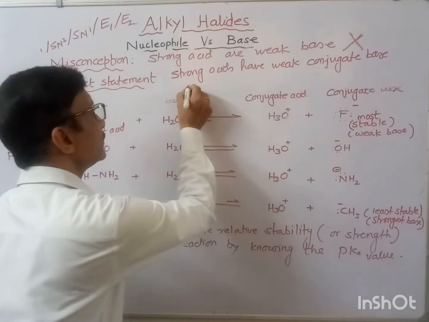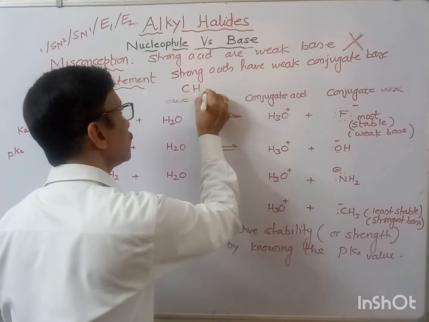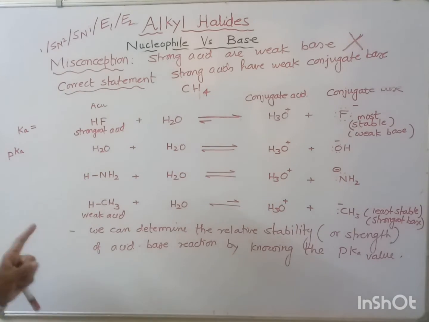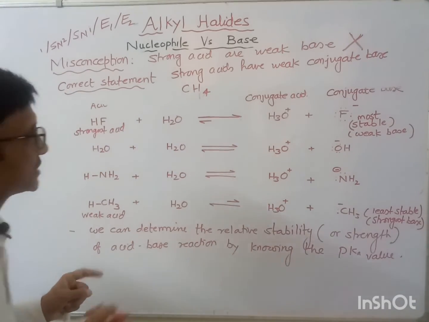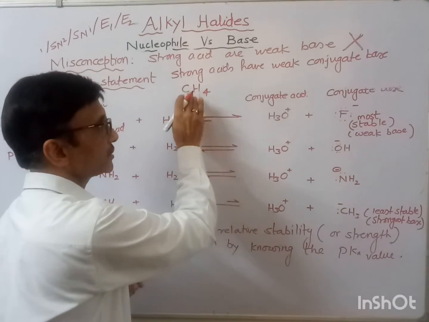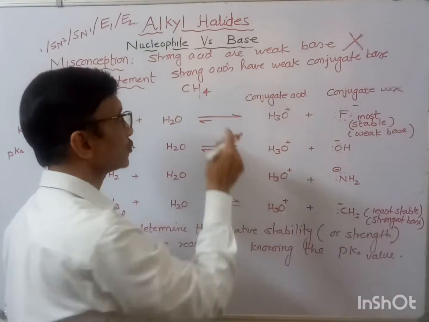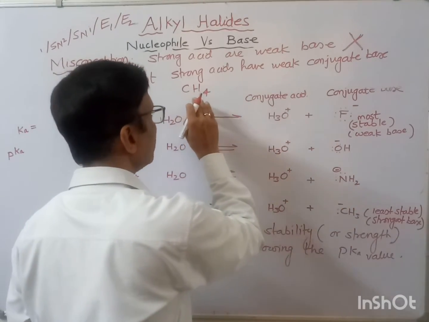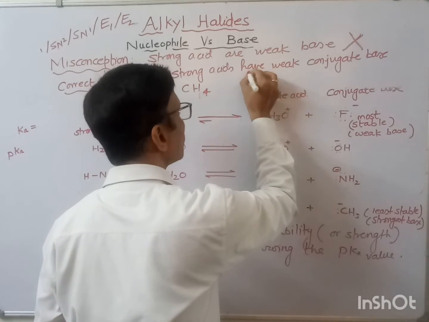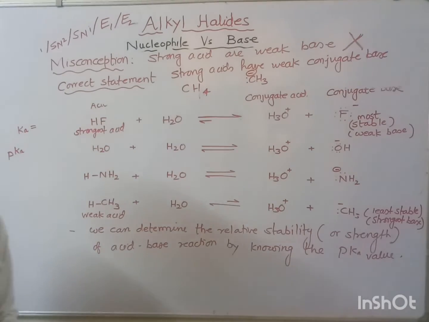For example, CH4 is a weak acid, and it is not a weak base, but its conjugate base, CH3 minus, is a strong base.